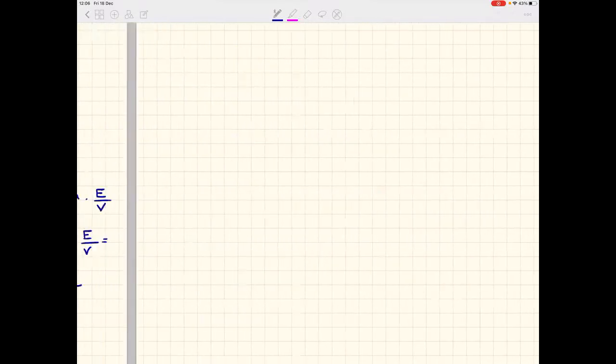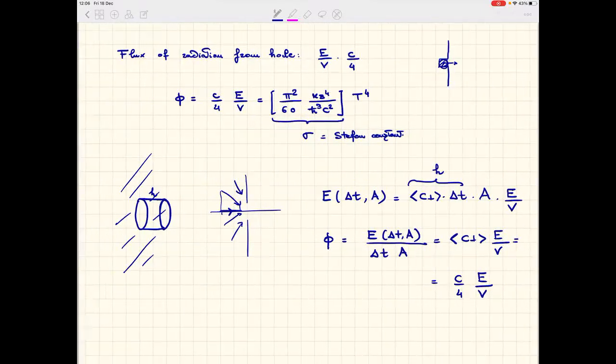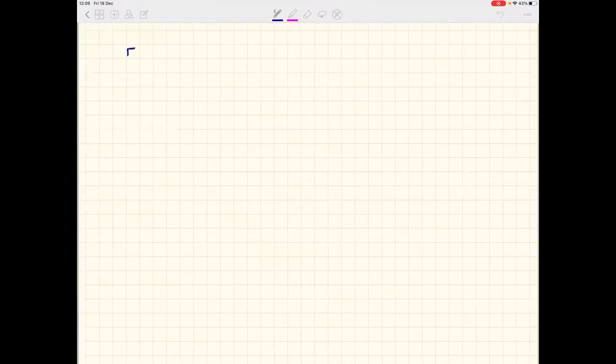Well, what I have to do is remember that E over V is actually equal to 1 over pi squared, and then I have the integral from 0 to plus infinity dk of h bar c k cubed divided by e to the beta h bar c k minus 1.